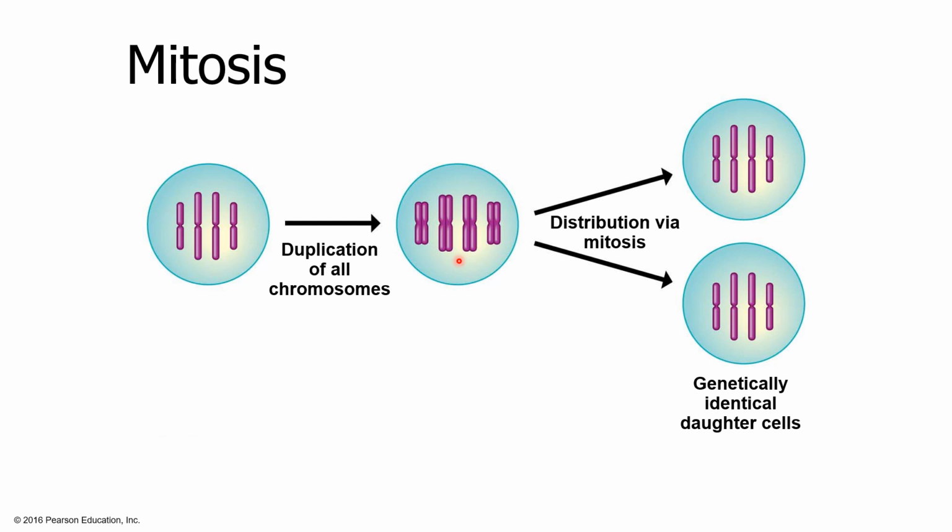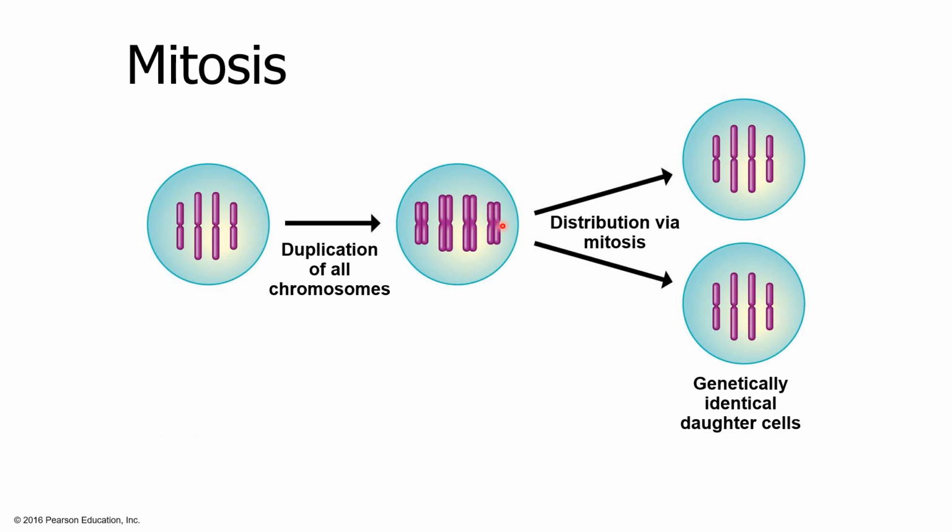And once you go through G1, S, and G2, the cell is going to be ready to split in half. So you're going to get 2 daughter cells, and those 2 daughter cells are going to be identical to one another, and they're going to be identical to the parent cell.